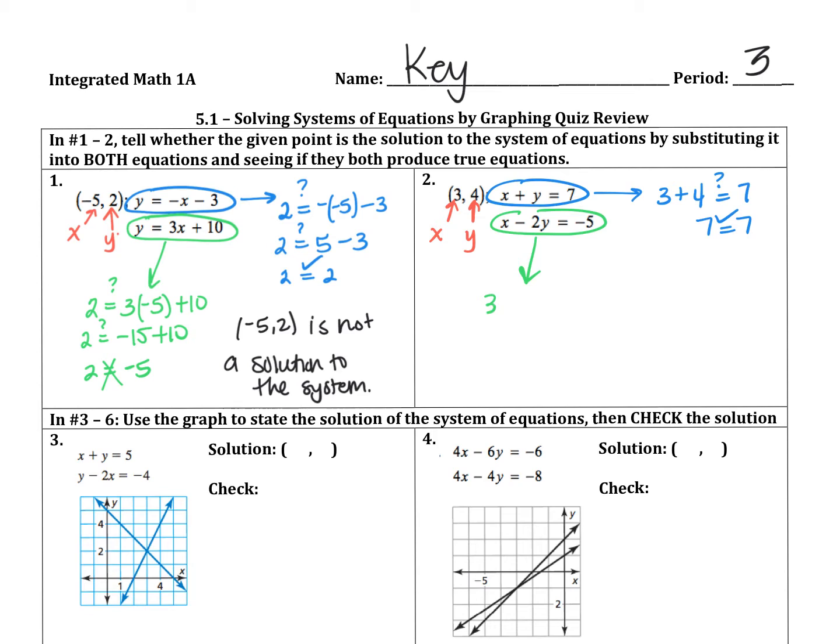X, which is 3, minus 2 times y, which is 4, equals -5. This is 3 minus 8 equals -5. And 3 minus 8 is -5, which is equal to -5. Another true statement. Since when I plugged this point into both equations, I got out true statements, I can conclude 3, 4 is a solution to the system.